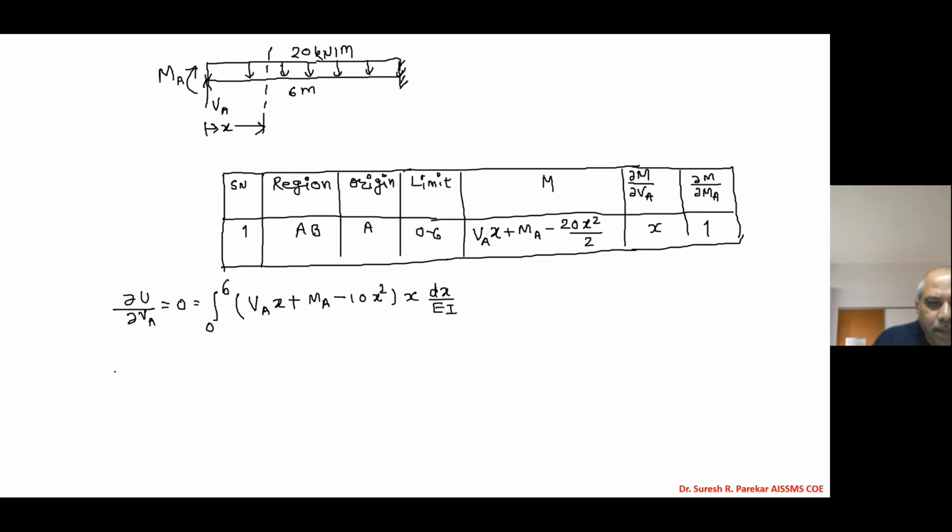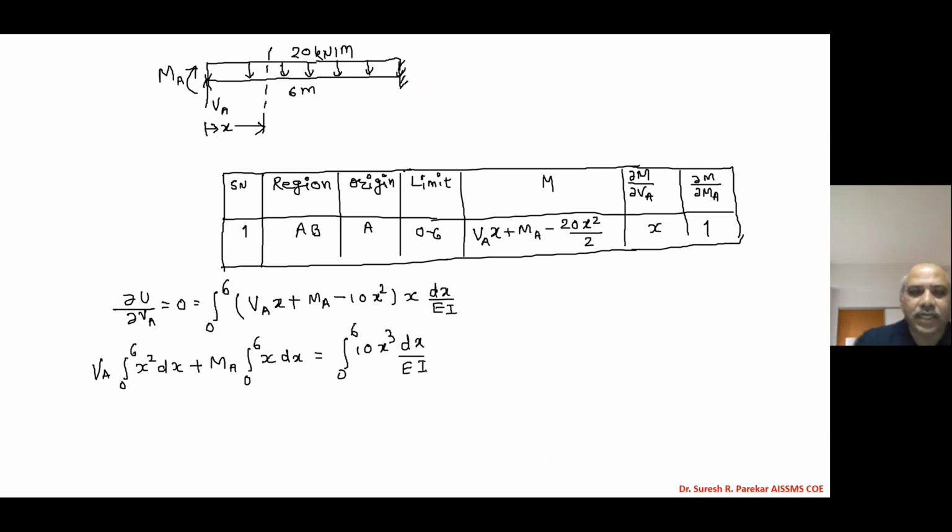Now we will make it separate. So we get VA integration 0 to 6 x square into dx plus MA, again constant, we will take outside, integration 0 to 6 x into dx, and 10x square I will directly take to the right side. So we have 0 to 6, 10x cube into dx upon EI.